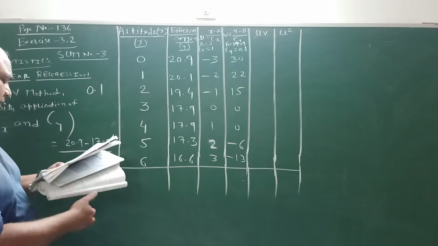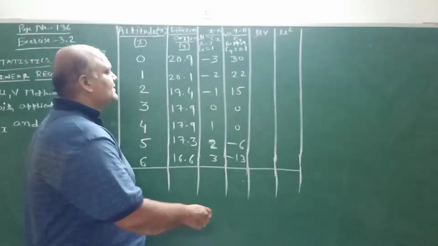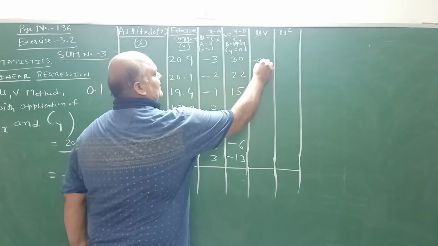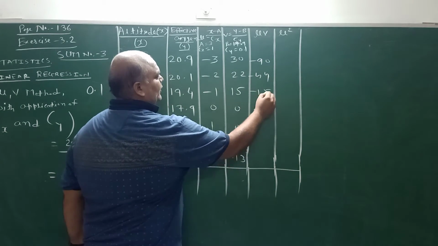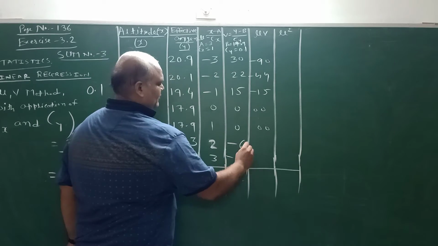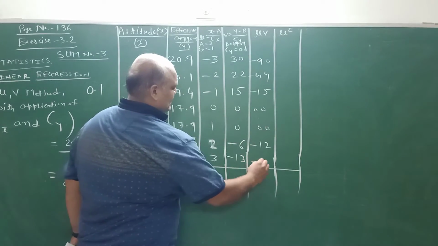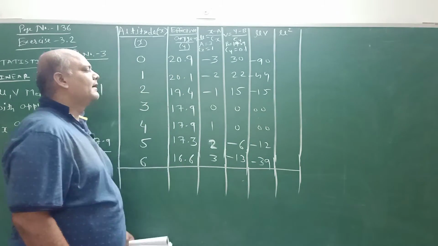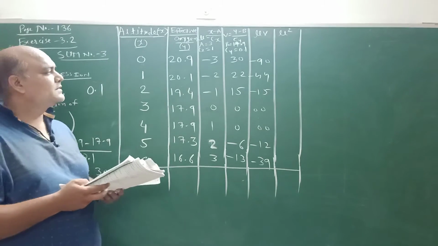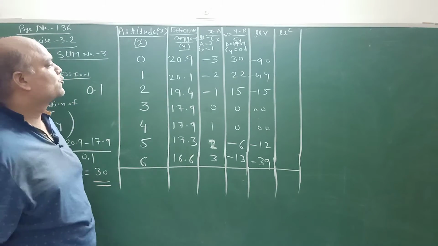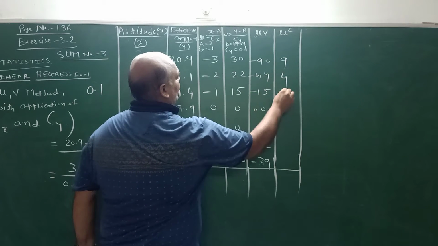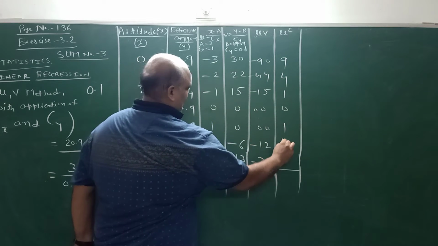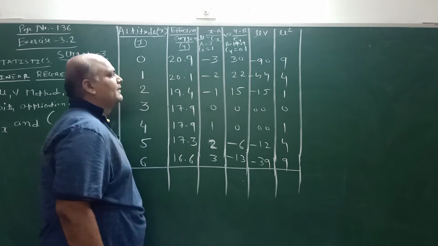Now UV means multiplication of both, that is minus 90, minus 44, minus 15, 0, minus 12 and minus 39. Here are the columns, and the last column is U square. Square of the U: 9, 4, 1, 0, 1, 4, 9.